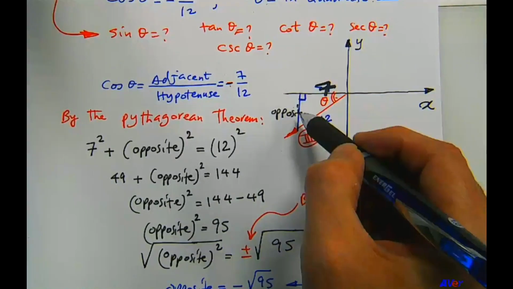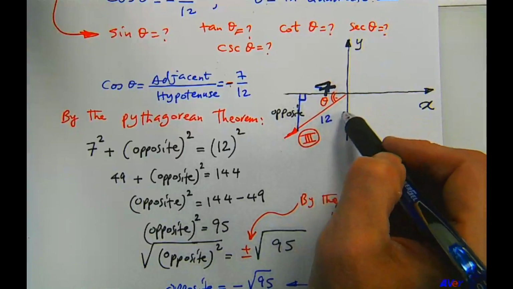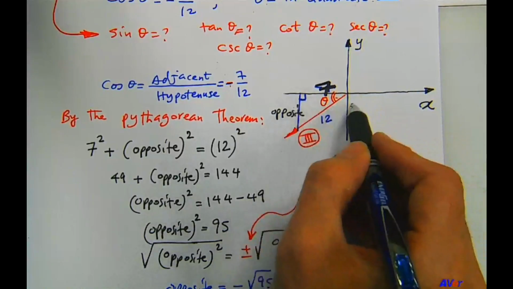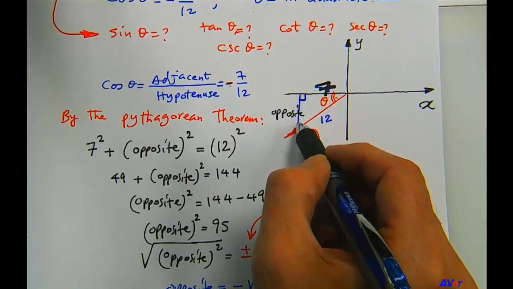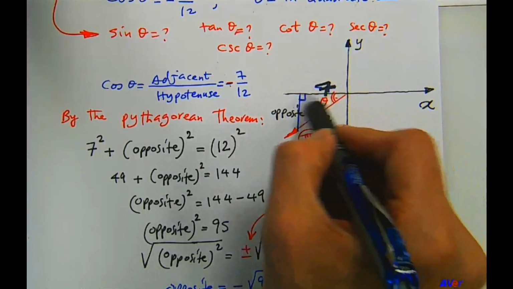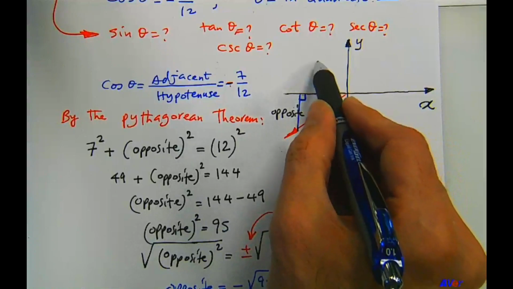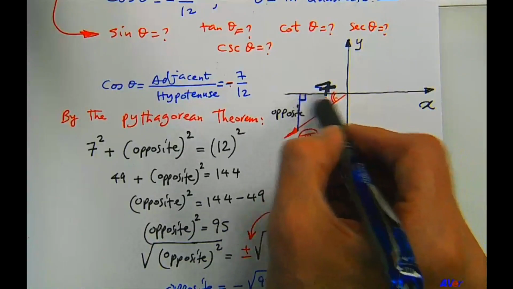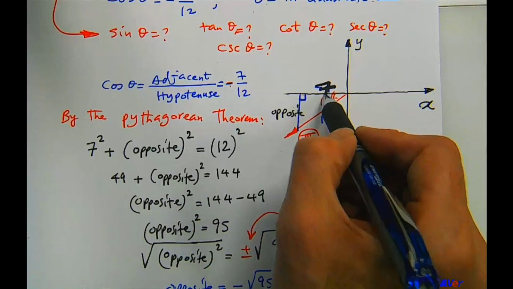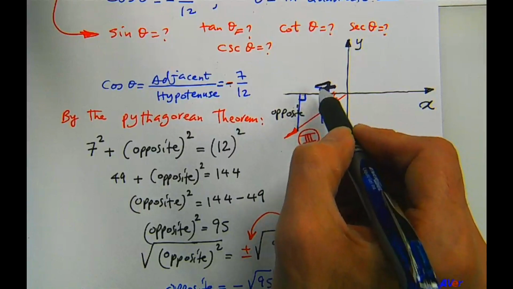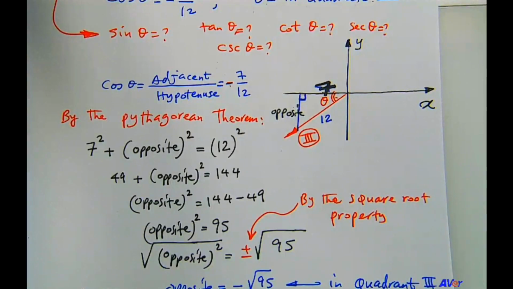But the opposite is in which quadrant? In the third quadrant, the y values are negative. And the x values, which is where the adjacent is, are also negative in this quadrant. So negative divided by negative is going to be positive.